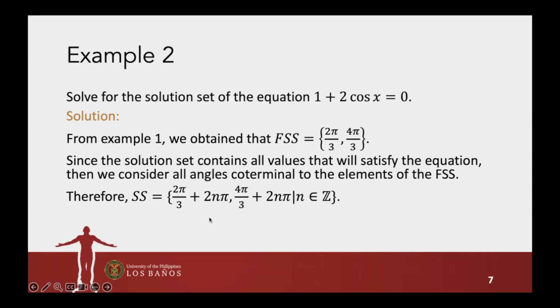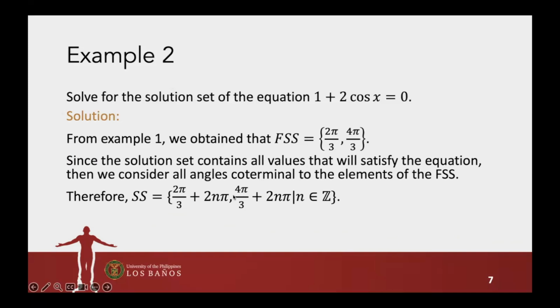So we're basically just adding additional cycles to get the coterminal angles of 2 pi over 3 and 4 pi over 3. Again, the only difference between your fundamental solution set and the solution set is that for the solution set, you are adding 2n pi for every element of the fundamental solution set.